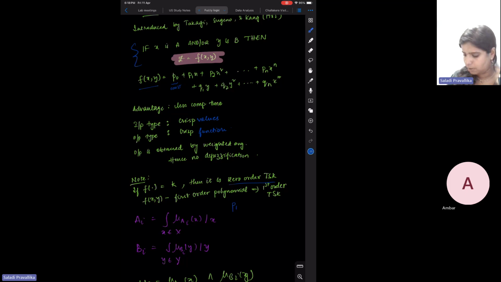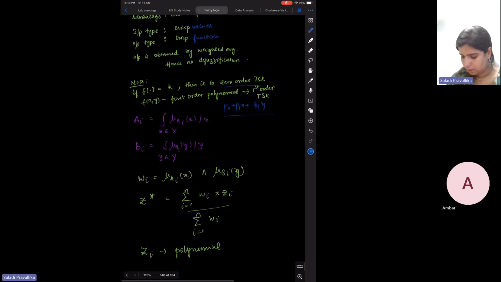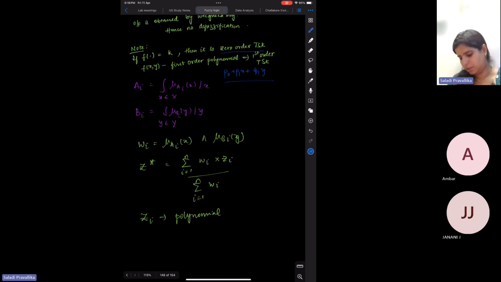So it's going to be p naught plus p1x plus q1y. If we have this, then it is a first order TSK. And again, we have our Ai, Bi as inputs.